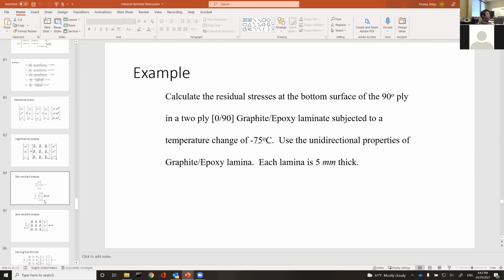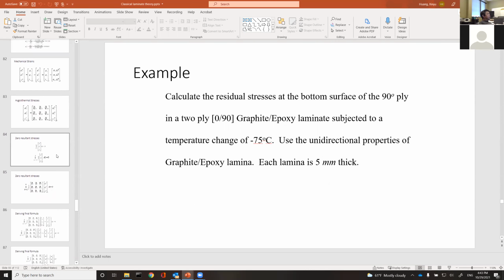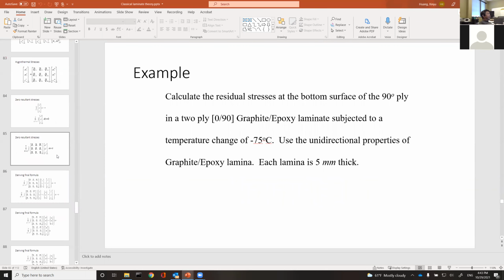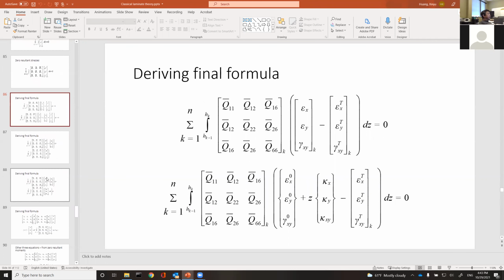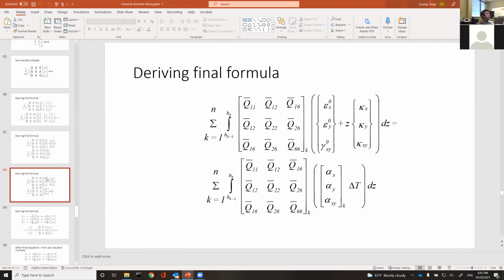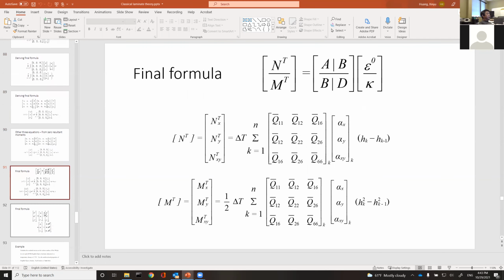Basically that's the load due to the inside of this layer trying to expand in different ways, which is calculated using this set of equations. So you start with alpha 1, alpha 2, transform alpha into XY coordinates, and then use this set of equations to calculate two vectors. The two vectors are called NT and MT.